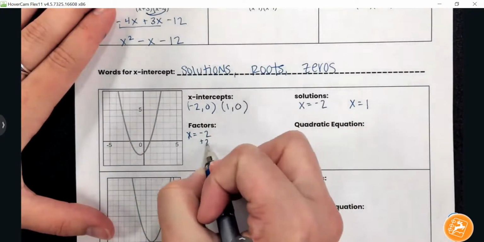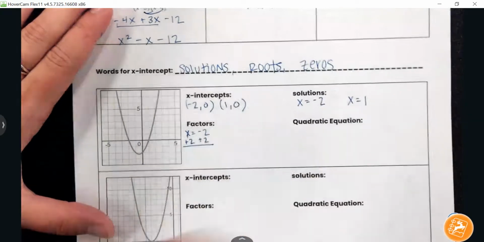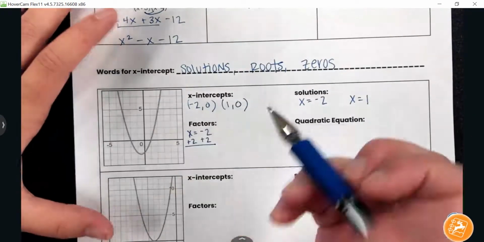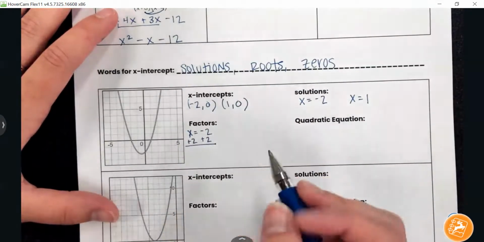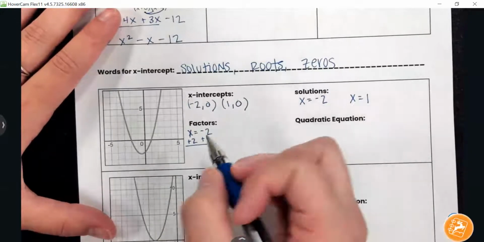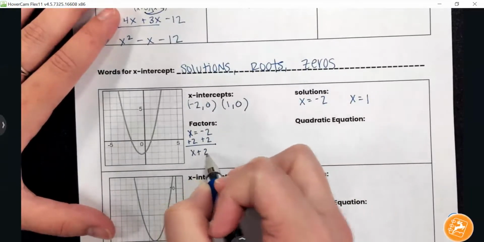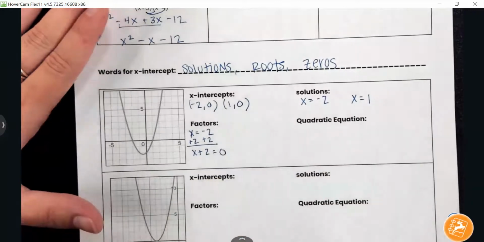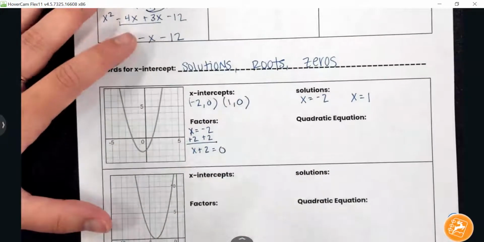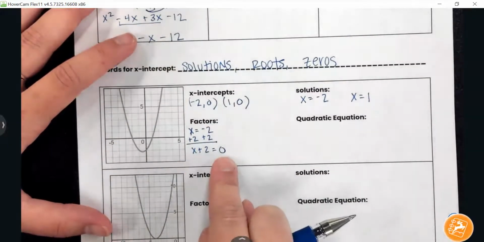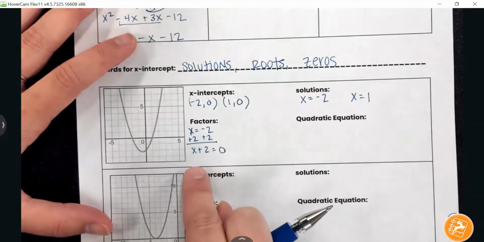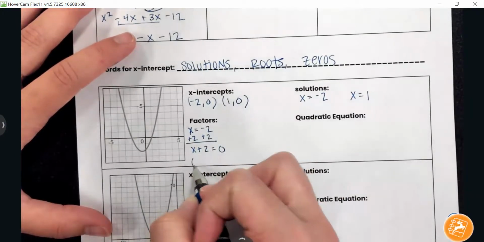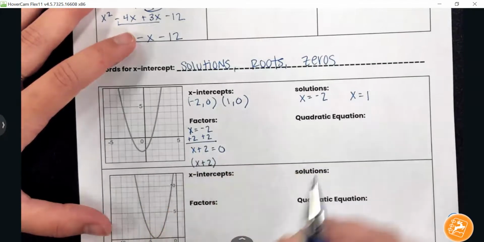I will add 2 to both sides. So what do I write? X plus 2 equals 0. Whatever is set to 0 is my factor. So my first factor is x plus 2.